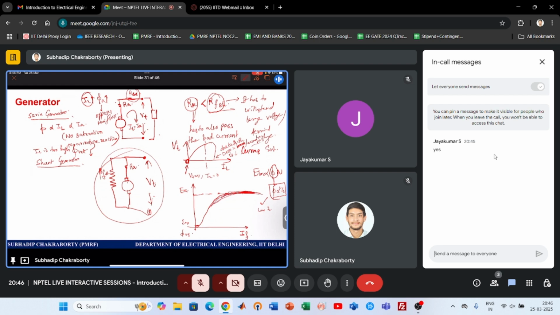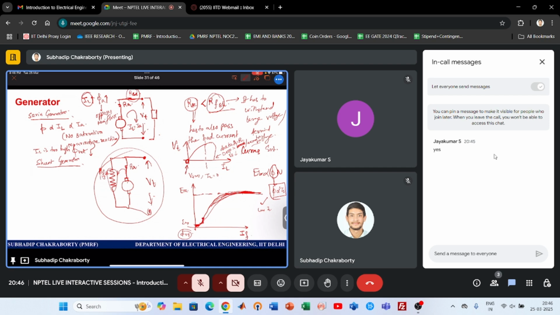So due to saturation, the flux saturates, and then further if I increase the field, it will not boost the voltage. So how it started is that I had a residual flux in the generator, and that created a small amount of voltage once I started rotating. That voltage led to some field current, which further increased the net flux, and it boosted the voltage.